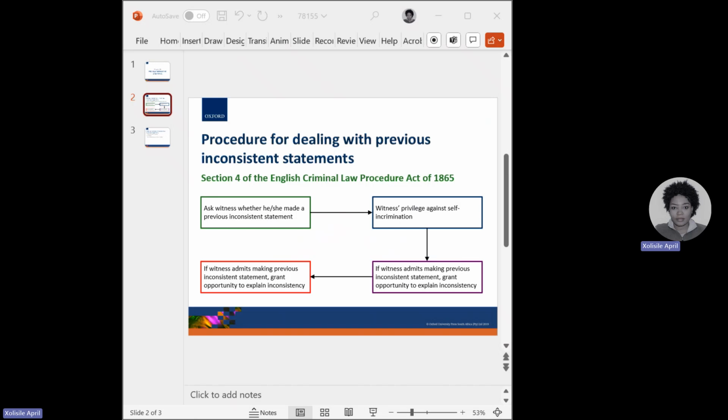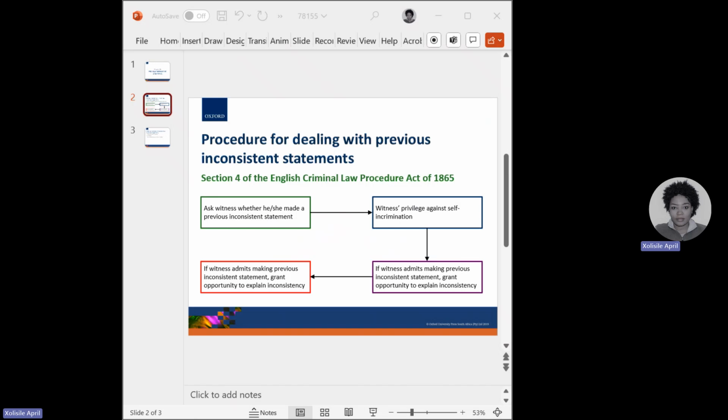So what is the legal framework that governs this part of the law? The legal framework is Section 4 of the English Criminal Law Procedure Act of 1865. This section provides the procedure of handling previous inconsistent statements, basically giving us a procedure on how to handle these kinds of statements.